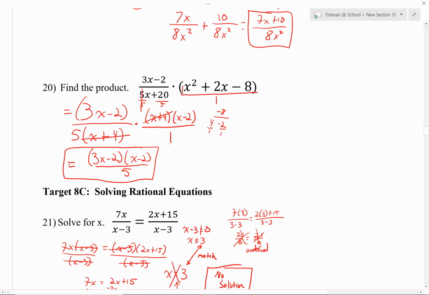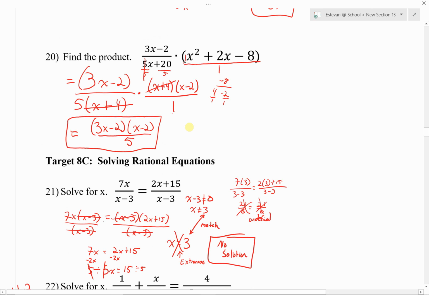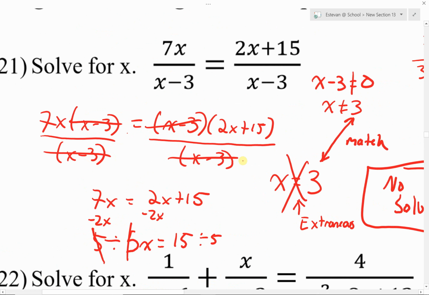Okay, see how here, in the denominator, you had the x minus 3's both in the bottom, and they ended up both canceling out. That will always happen. If it's both in the bottom, and there's an equal sign in between them, they will cancel out. Why? Because you're going to multiply both sides by x minus 3, and they both cancel out.